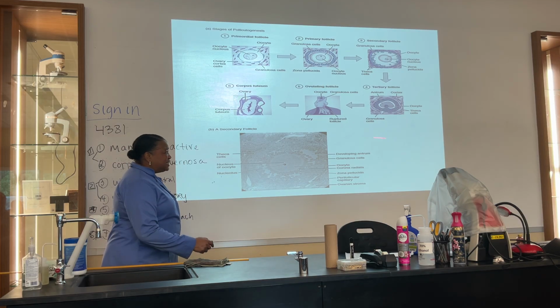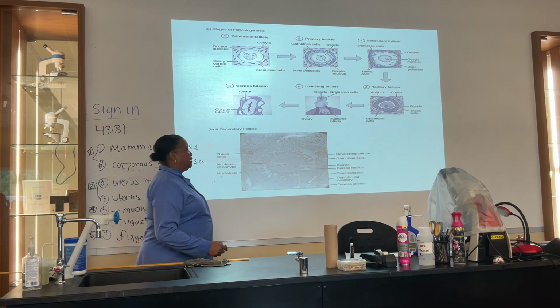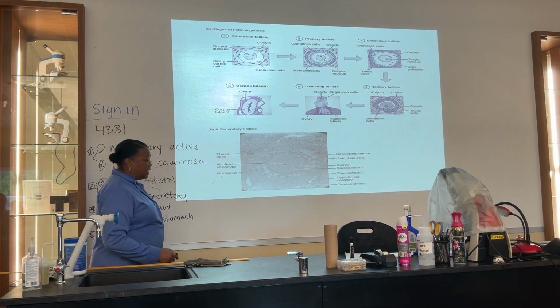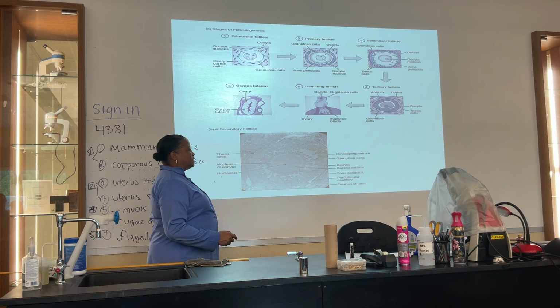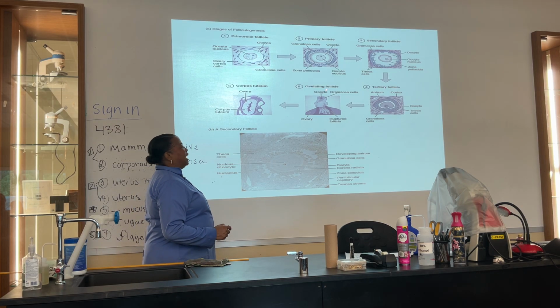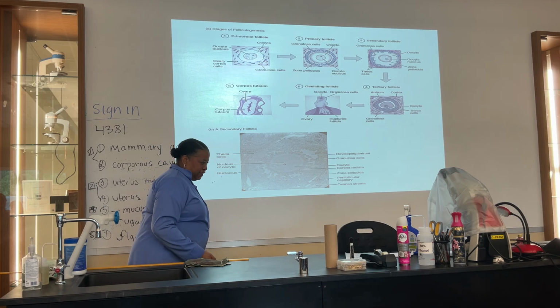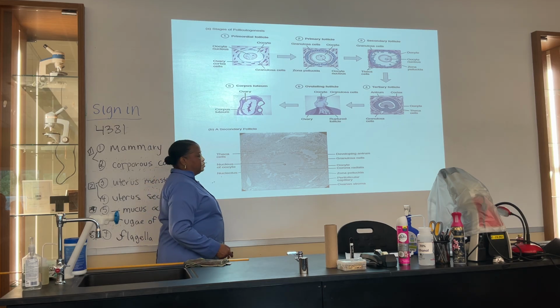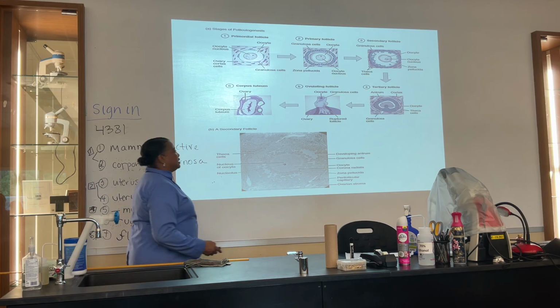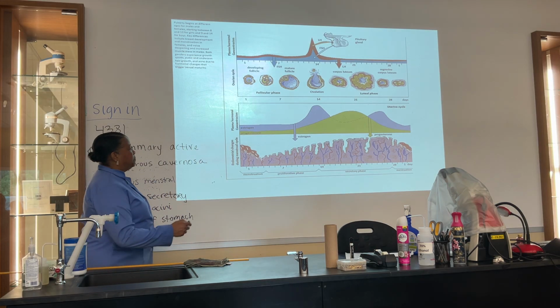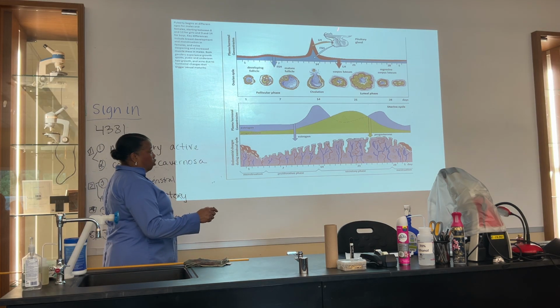Continuing. This stage is now a dominant follicle. It's a tertiary follicle. And so under the influence of hormones that are coming from the hypothalamus, we will have this egg rupture from the ovary, and we will have what we call ovulation. The hormone coming from the hypothalamus is gonadotropin releasing hormone.